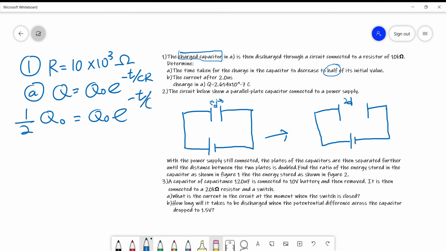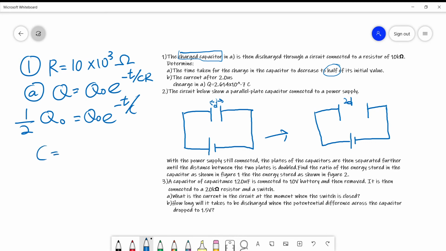So Q naught e, and this is t, and C is the capacitance of the capacitor. There's not enough space, so this is e to the negative t. I didn't write the capacitance in this question, so I'll check the original question. I think we should calculate the capacitance again.